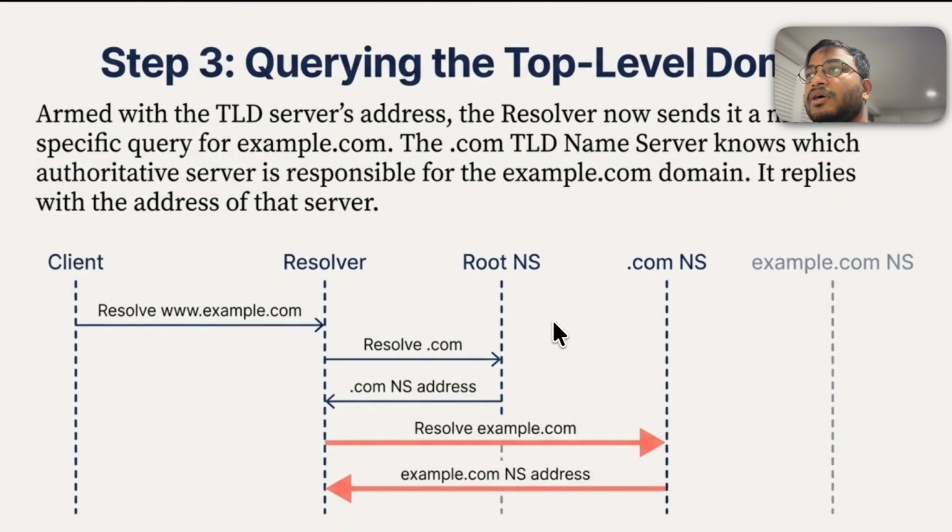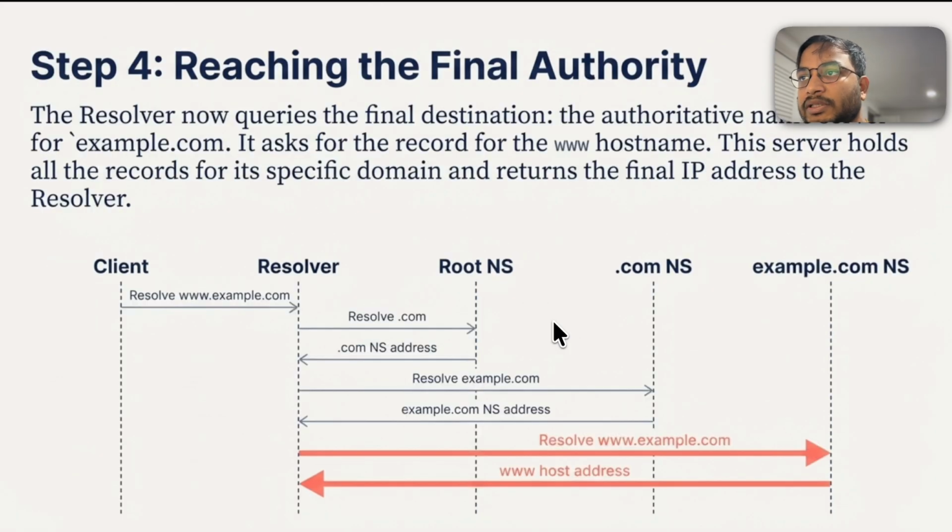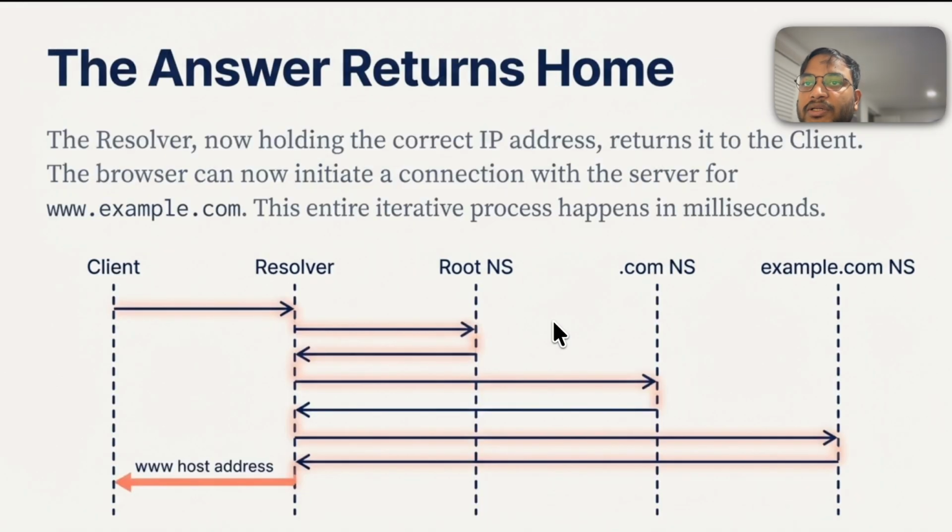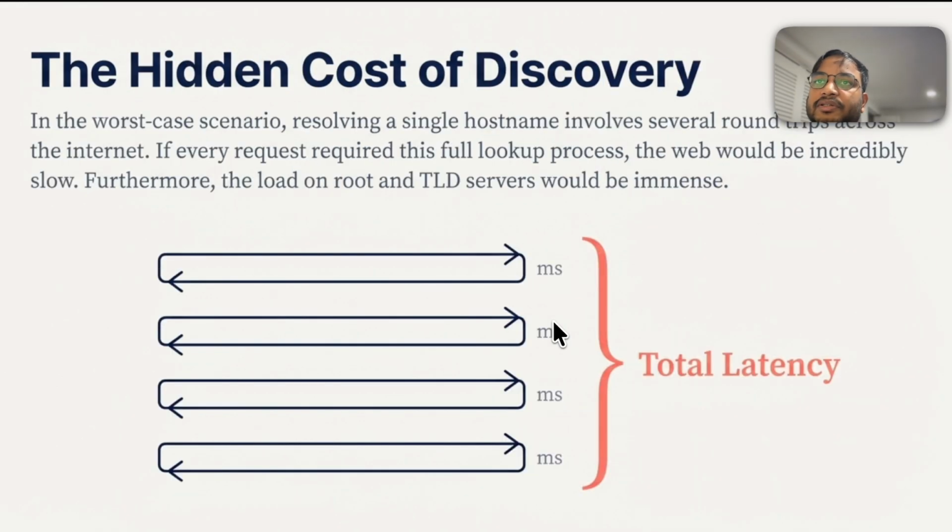The resolver receives that information and sends the query to the authoritative name server, which sends the actual IP address of www.google.com or example.com back to the resolver. Then the resolver sends the host address to the client, and the client renders it.